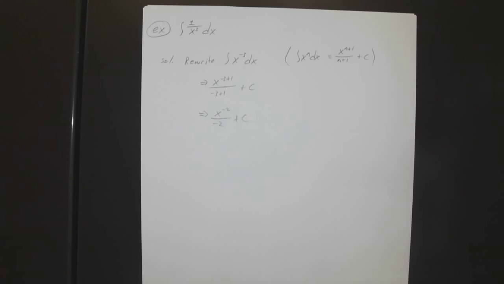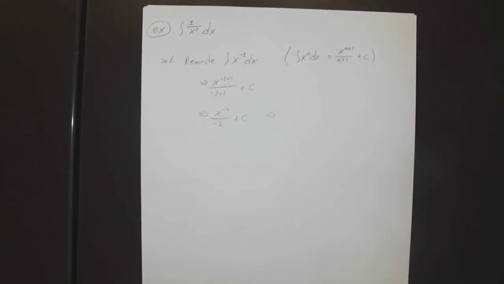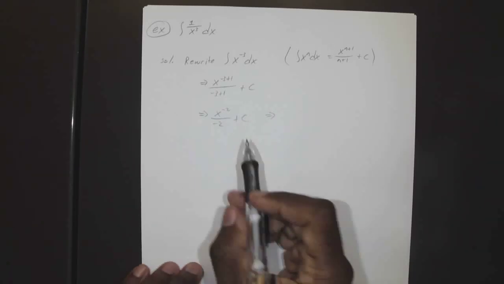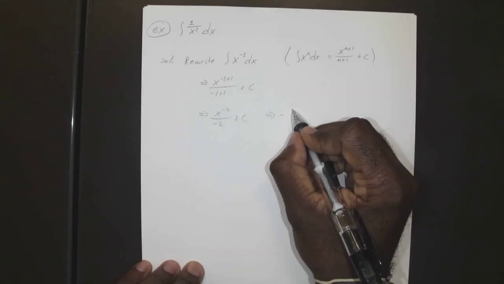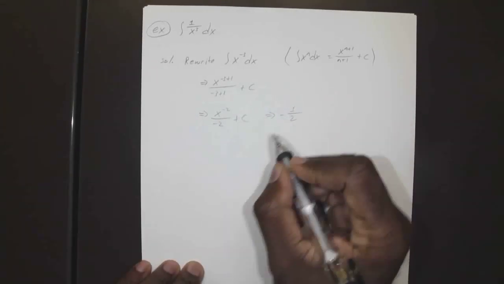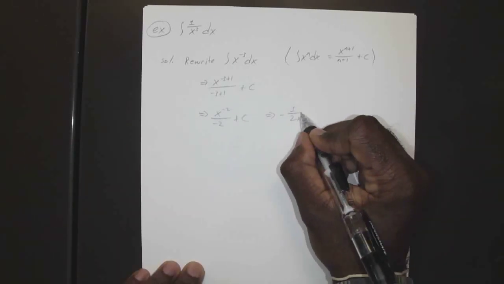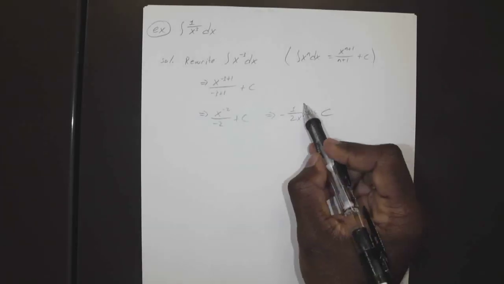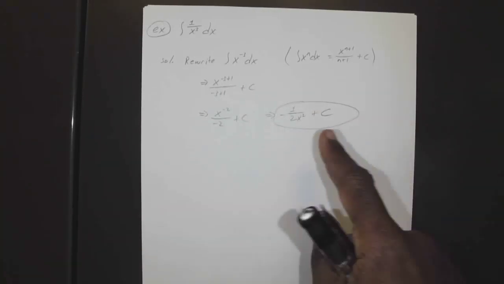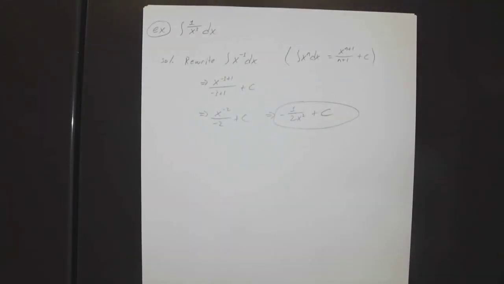So it's under certain conditions that you can solve for c. Okay, so if we factor out that negative 1/2, that would be negative 1/2, and x to the negative 2 is just 1 over x squared, plus c. You can always double check, because if you differentiate that, you should end up with 1 over x to the third.